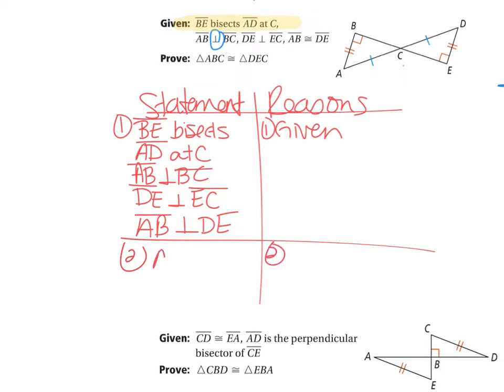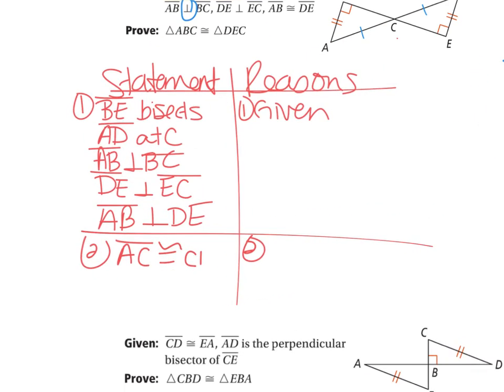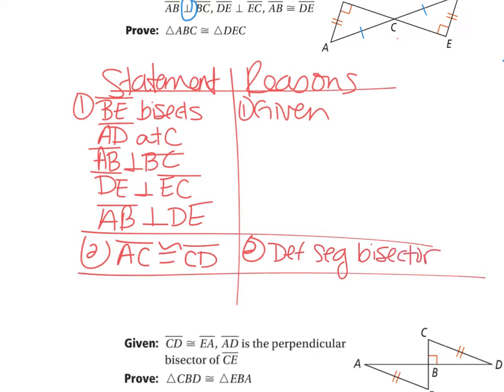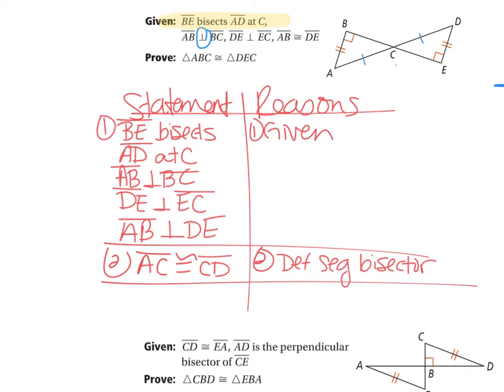So we can say AC is congruent to CD, right? Because of the definition of segment bisector. It cut the segment into two equal pieces. All right. Oh, and I see an error I made. You probably already noticed. This is not supposed to be a perpendicular sign. That's supposed to be a congruent sign.